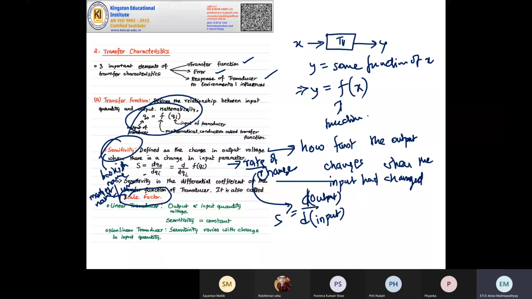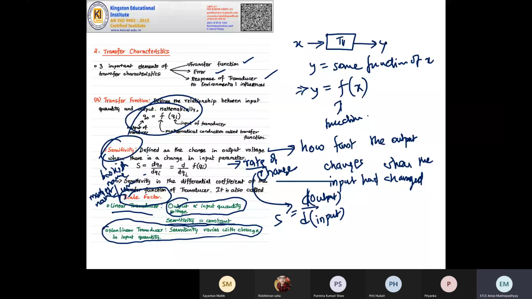If the output voltage varies proportional to the input quantity, in that case, your sensitivity will be a constant value. Remember these things. Non-linear, your output does not change proportionally with the input. Rather, its sensitivity itself is a function of the input quantity.